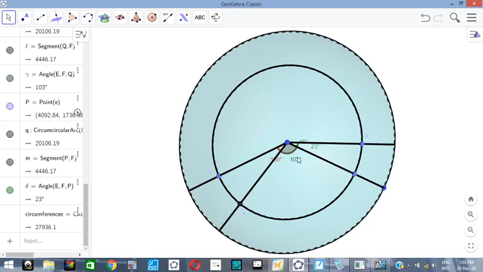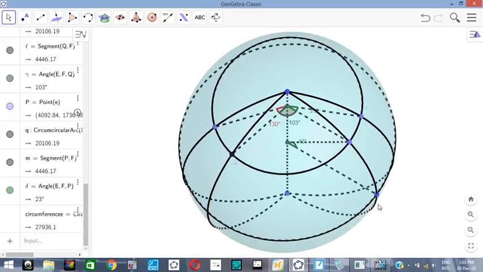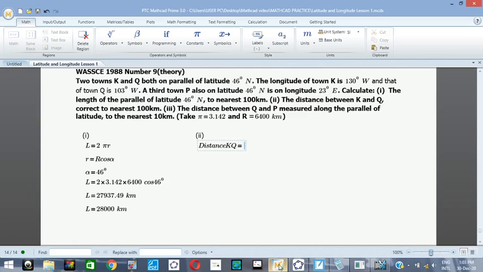And how do I get this angle? From 0 to K is 130, then 0 to Q is 103. So 130 minus 103 will give me this small angle I need here. The formula to use is simple and direct, which is theta divided by 360, the common length of an arc formula, times 2 pi r.